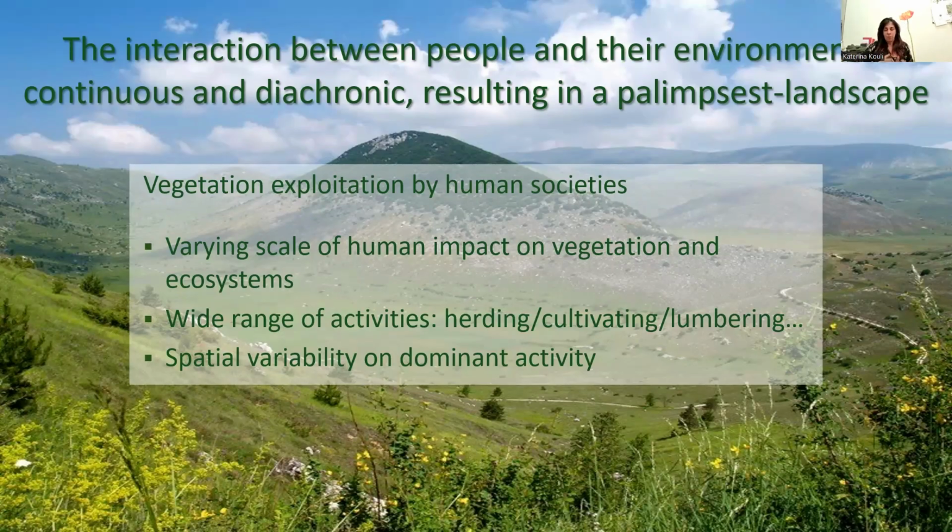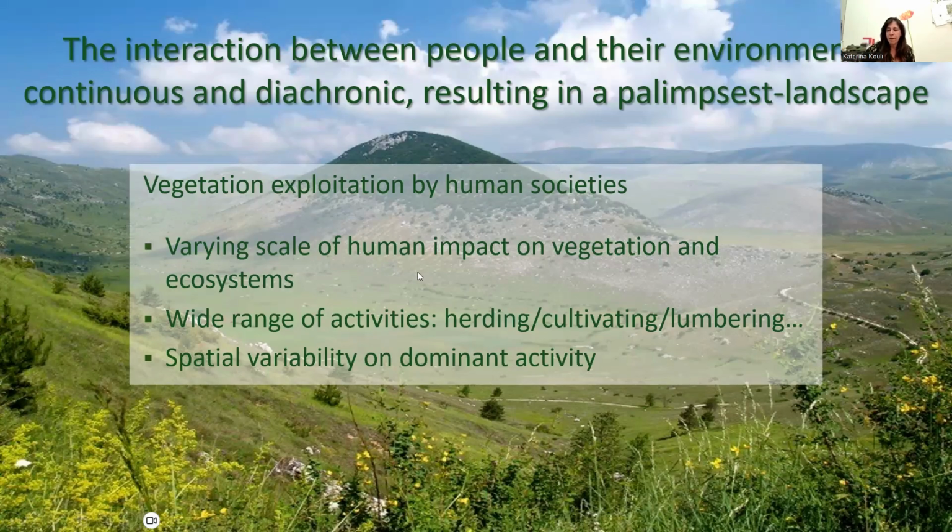Of course, there is a variation in the scale of the impact of human activity on vegetation and on ecosystems, as there are also a range of activities, depending on their culture and on their population. Human societies changed the environment in different ways, by using cultivation practices, herding, by cutting the forest, by using the natural resources that were in their vicinity.